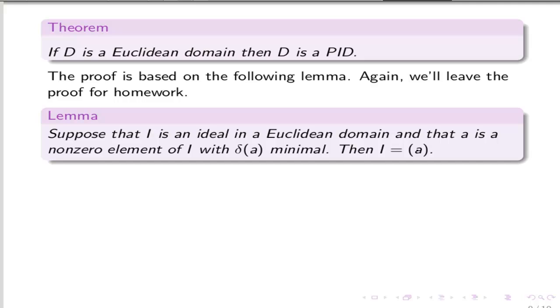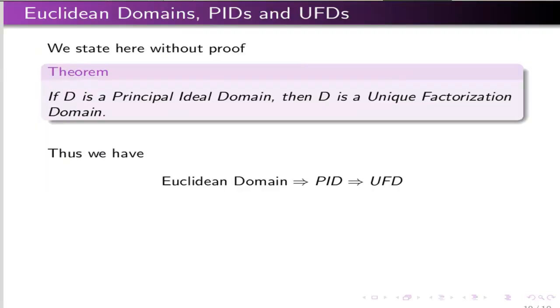Okay, so principal ideal domains are a more general type of object. Euclidean domains are a subset, and it turns out that any principal ideal domain is in fact a unique factorization domain. So it's a more general type of unique factorization domain. And I'll just state this result here without proof and leave it to the algebra courses to go through it.